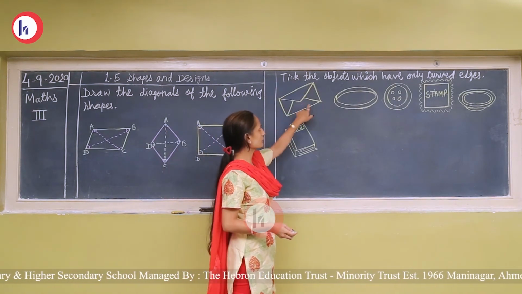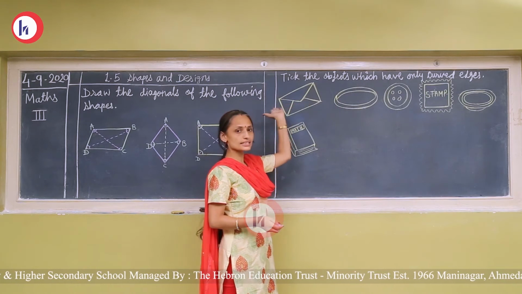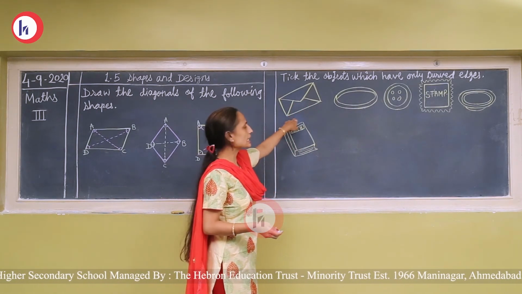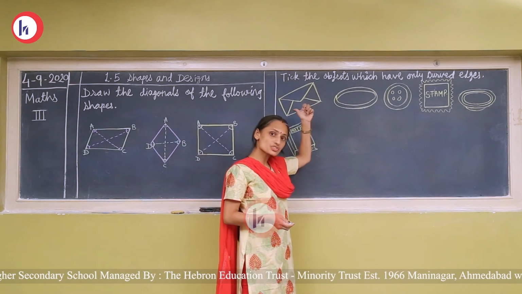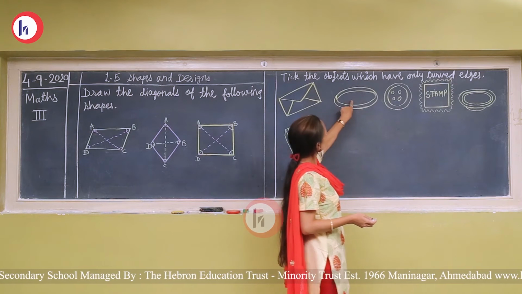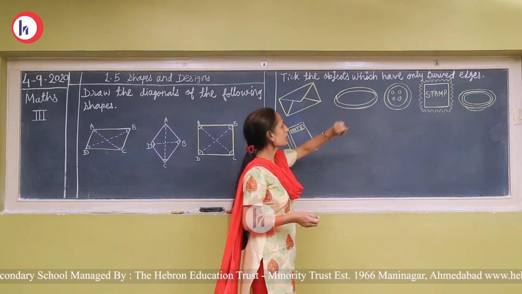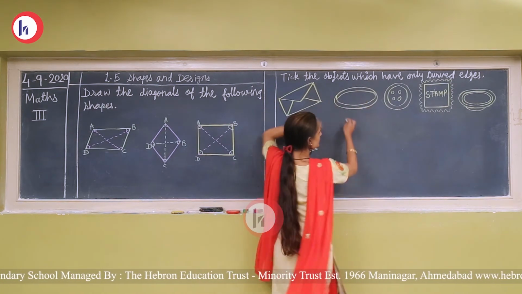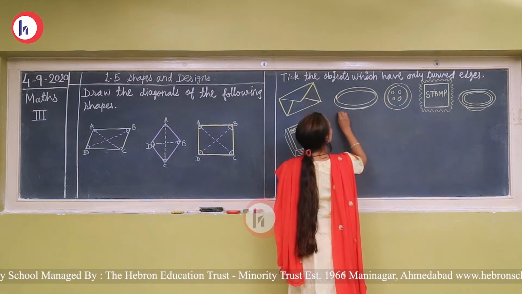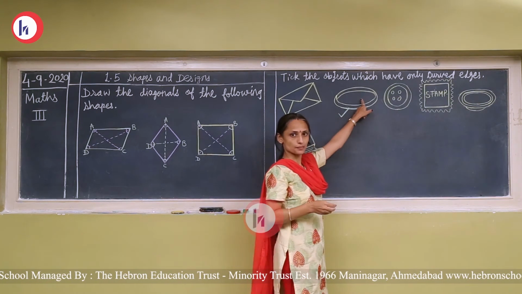See, this envelope has a straight edge. Means we can't take this envelope because it has a straight edge. Now next is a circle. Means this is a curved edge. Means we will put a tick on this shape.